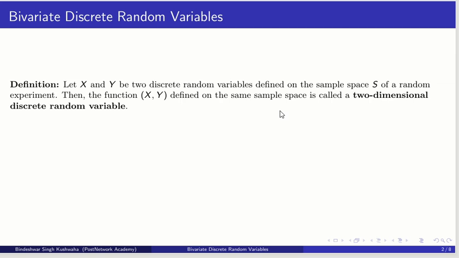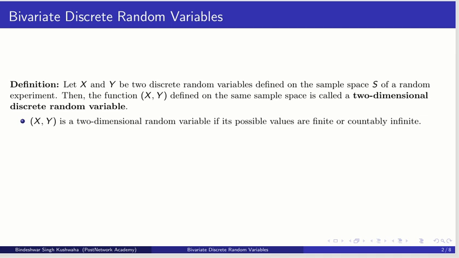First of all, let us see the definition. Let X and Y be two discrete random variables defined on the sample space S. Remember, the sample space should be the same. Then the function (X, Y) defined on the same sample space is called a two-dimensional discrete random variable.